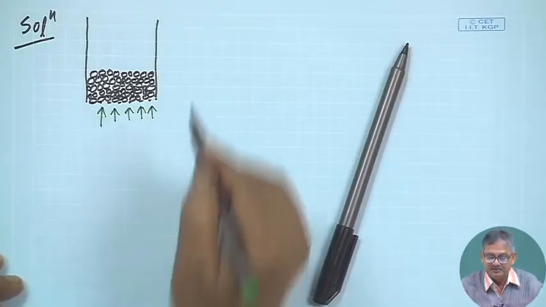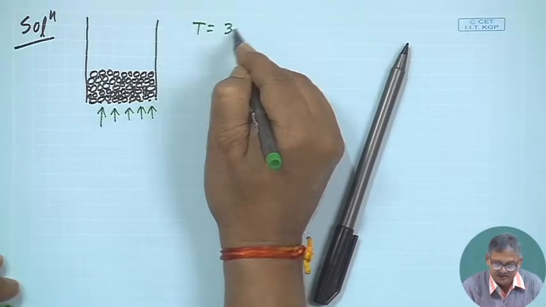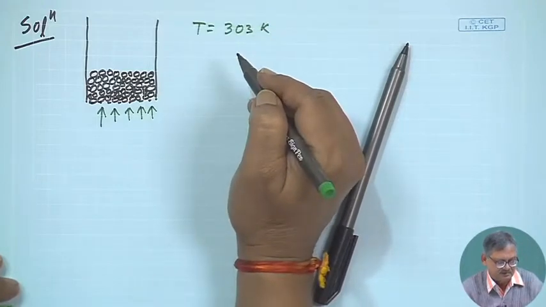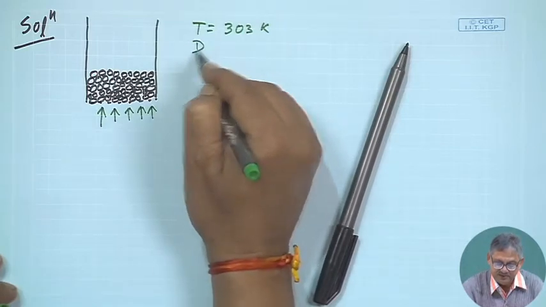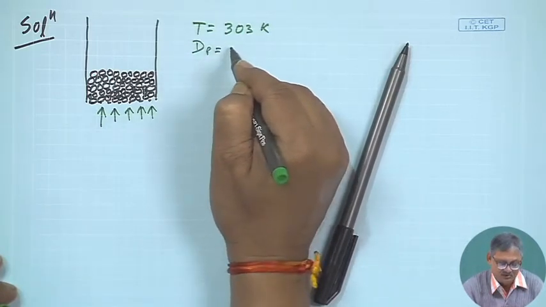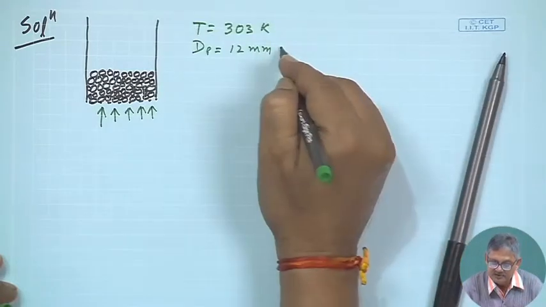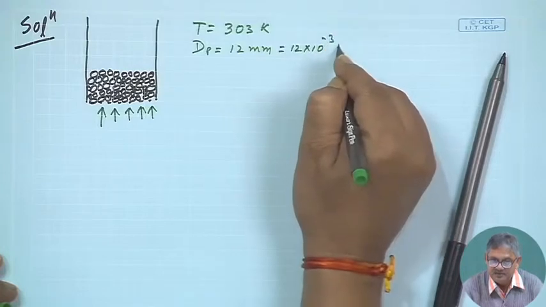So we have been given the temperature T is equal to 303 Kelvin, right. Packed bed of spheres, so dP is equal to 12 millimeter, which is 12 into 10 to the power minus 3 meter.